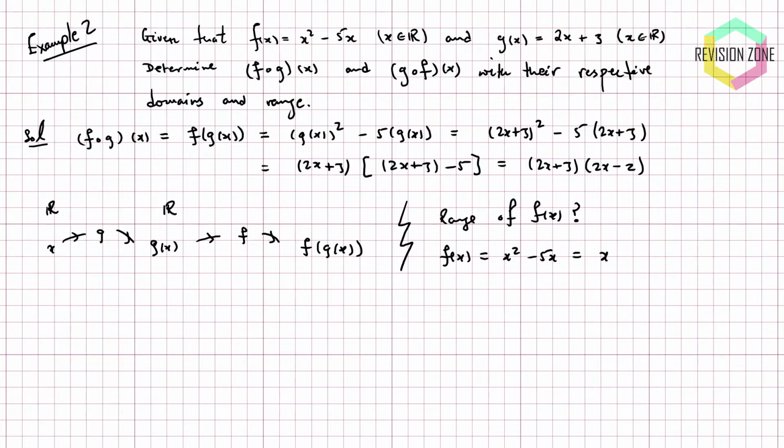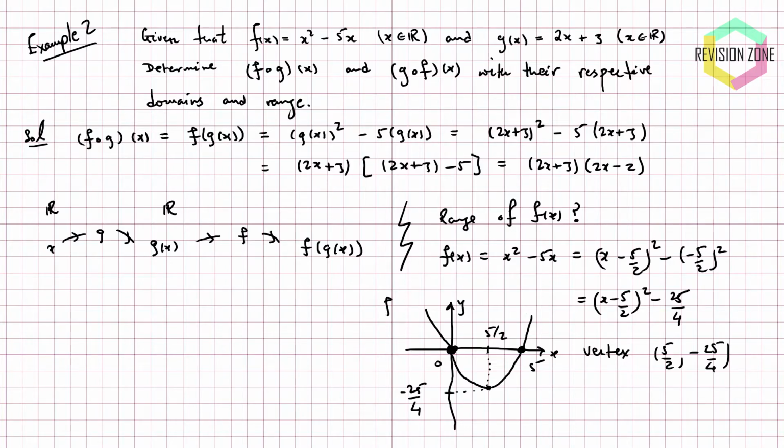So we can say x take away 5 over 2 all squared, take away 5 over 2 all squared, which is x take away 5 over 2 all squared take away 25 over 4. And we know that when we put a quadratic in this form, we can get the coordinate of the vertex. So the vertex is at 5 over 2 and negative 25 over 4.